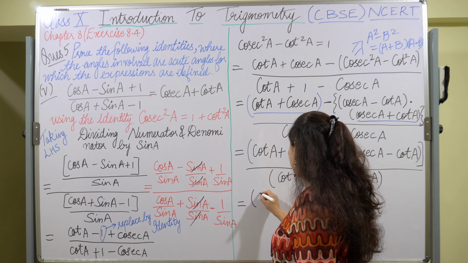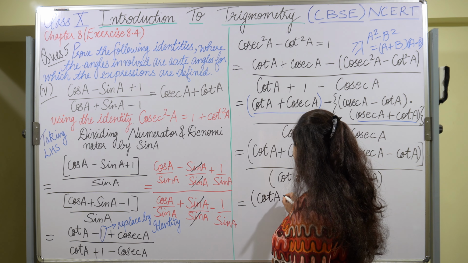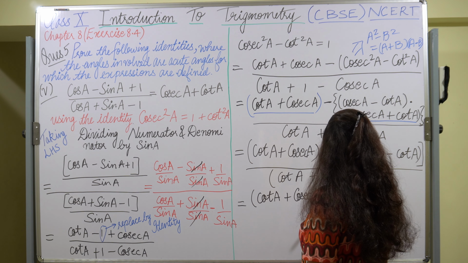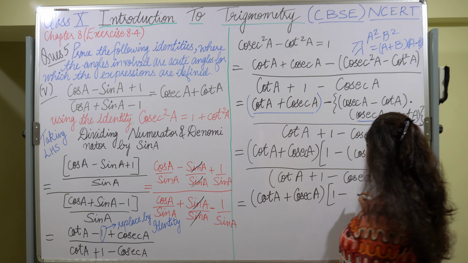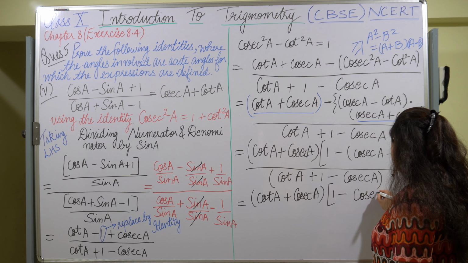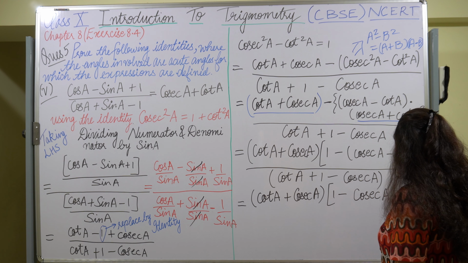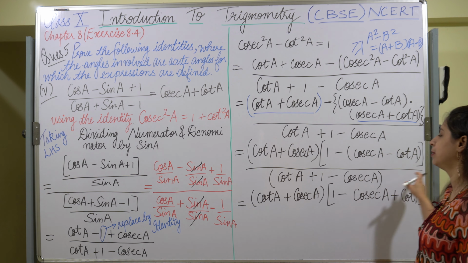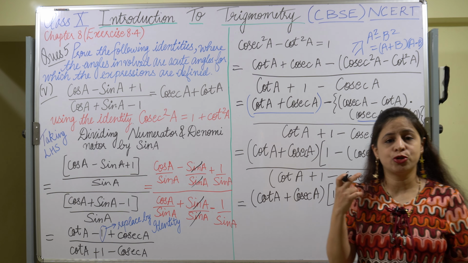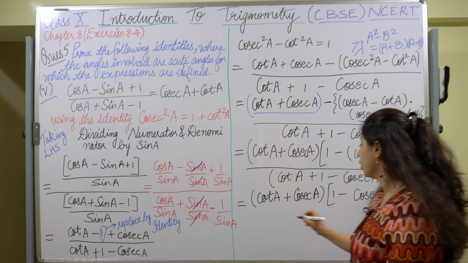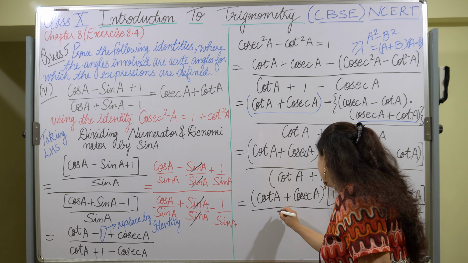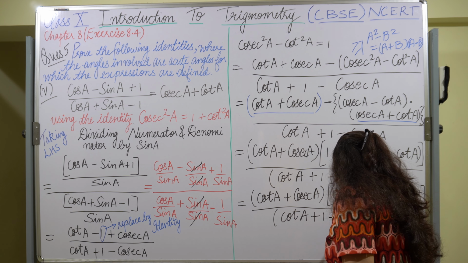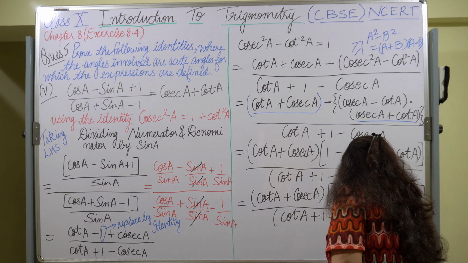So we are left with cot A plus cosec A, and here 1 minus cosec A plus cot A. The negative sign gets multiplied with all the terms in the bracket. Divided by cot A plus 1 minus cosec A.